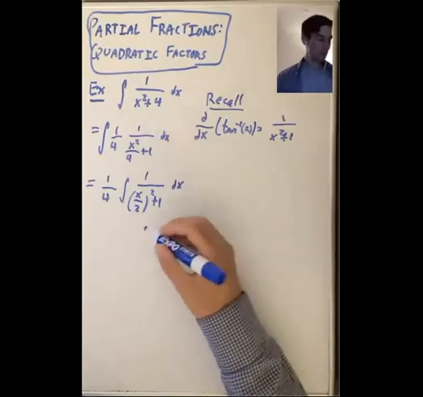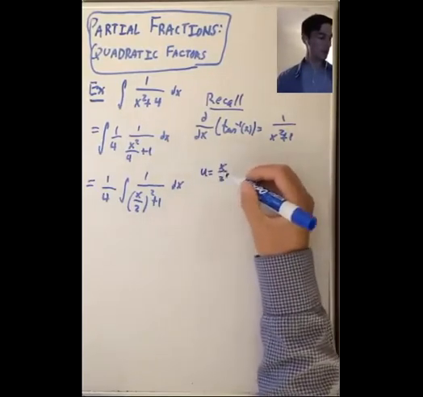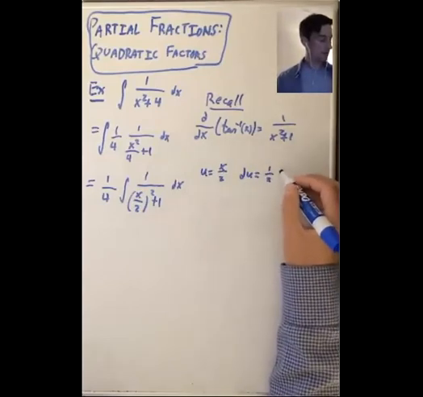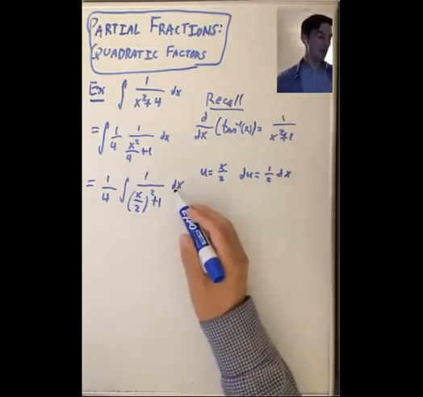And now we can do a little u substitution where we let u equal x over 2. And then du is 1/2 dx. So we do have a du in here.